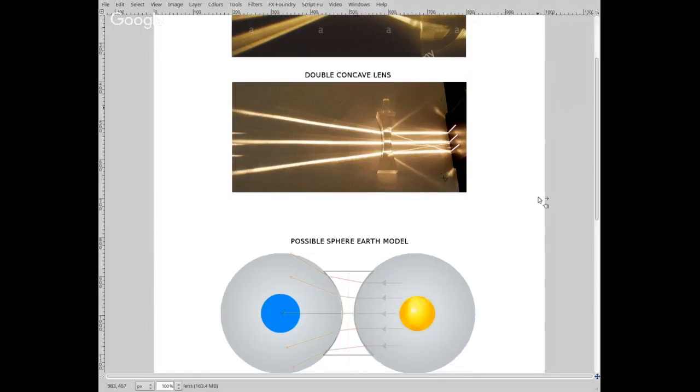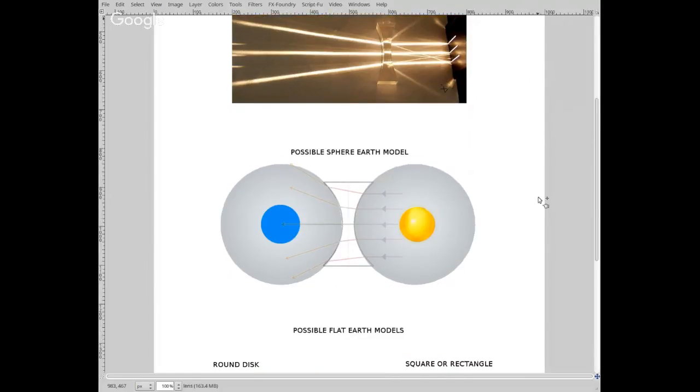So now, this is one possible sphere Earth model. It doesn't matter whether it's the standard heliocentric or the mainstream standard geocentric, where everything is still a round ball. In helio, of course, the Earth spins on its axis and orbits around the sun at an angle. And in geocentrism, the Earth does not rotate, but the sun goes around it, okay?